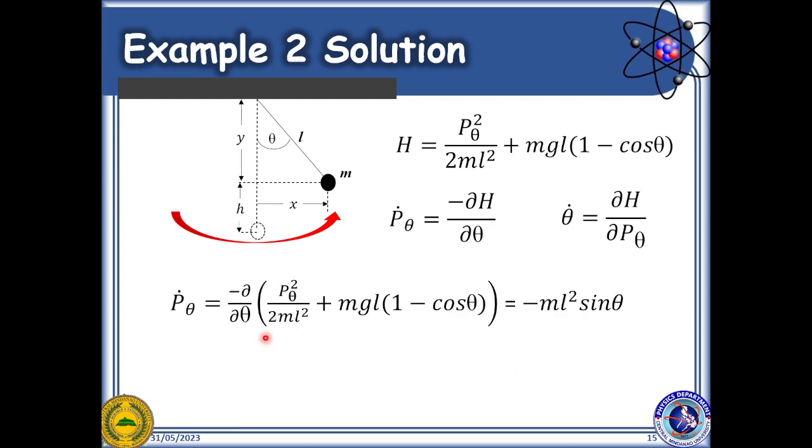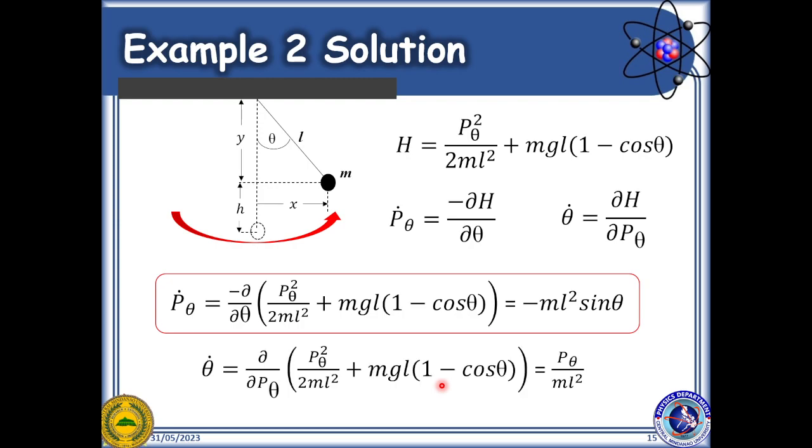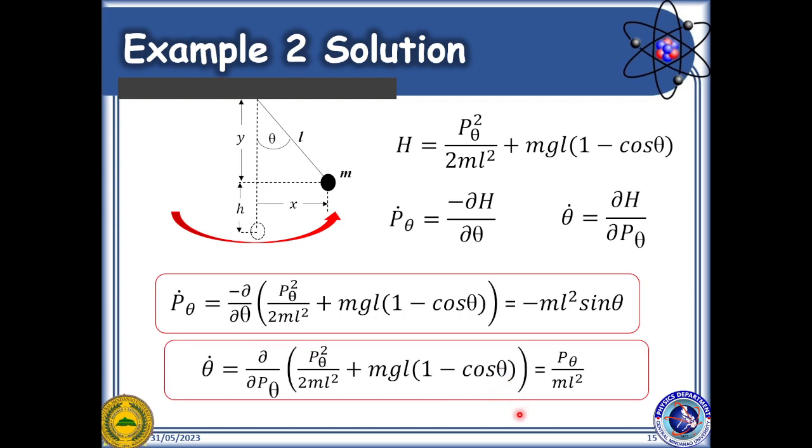So p theta dot is equivalent to the negative partial derivative of the Hamiltonian with respect to theta, and we obtain negative m g L sine theta. Respectively, we get the equation for theta dot, that is just the partial derivative of the Hamiltonian with respect to p theta. So we obtain p theta over m L squared.